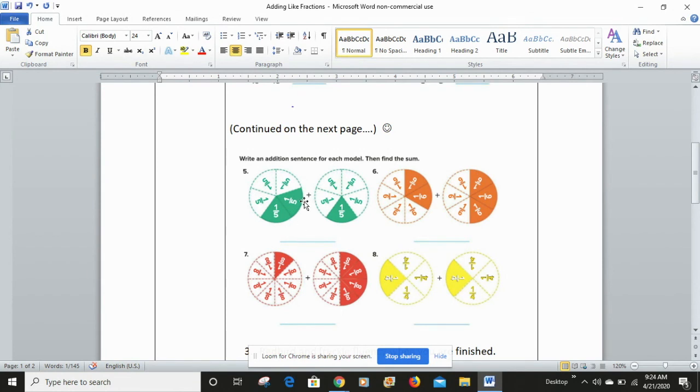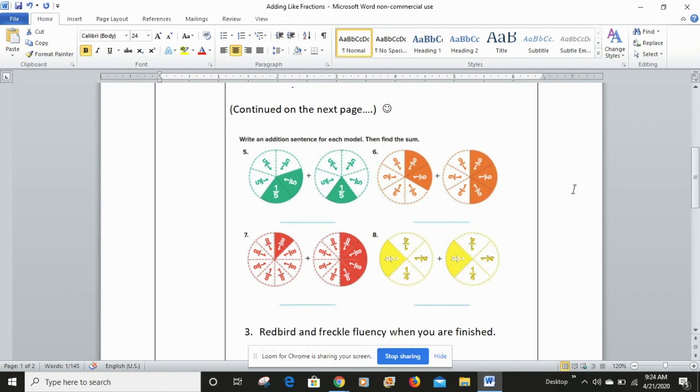That would be one fraction, plus how many fifths do you see in green here? That would be your second fraction. And then what is this plus this added together? So what's 2/5 plus 1/5 equals what? You're going to write an addition sentence and then solve and then see if they're in simplest form. If they're not, use the greatest common factors.